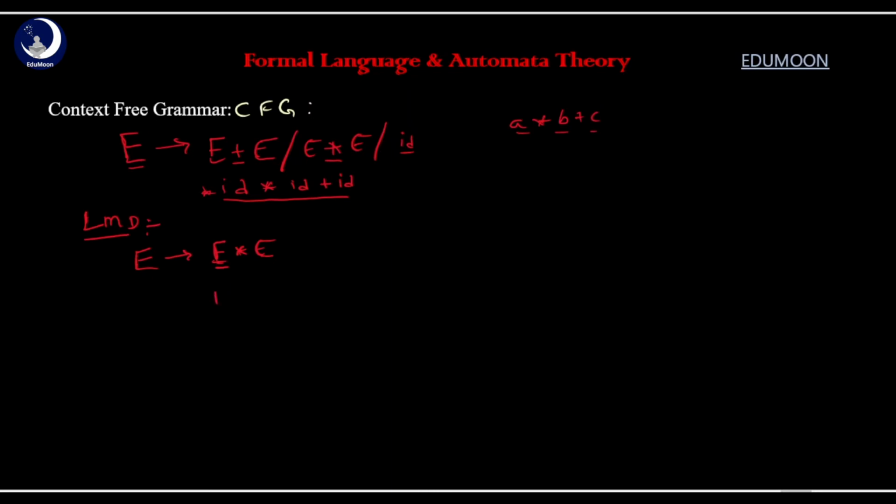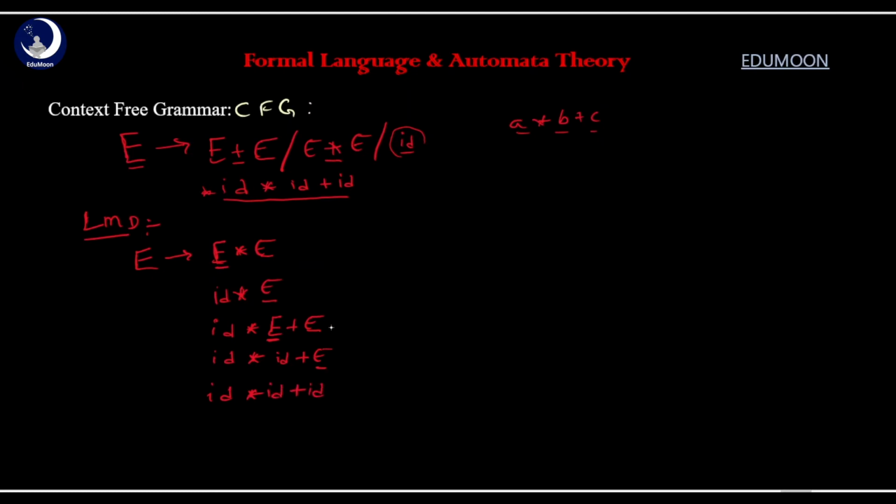This E can be written as ID using the production rule available here, so it is ID star E. Next, since there is only one variable here, this E can be generated as E plus E. Now again there are two variables, so I take the leftmost variable and make that E as ID again, plus E. And finally there is only one variable here, the leftmost one, so I make it ID.